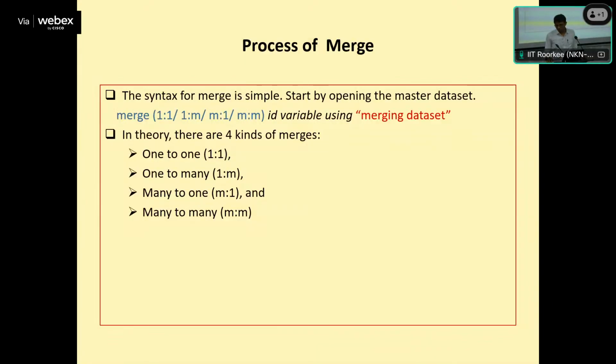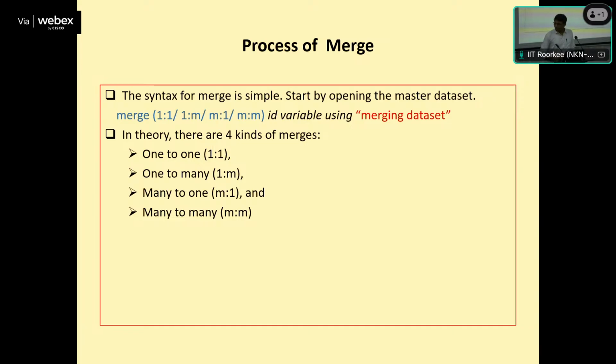So merge one-to-one. There are 4 different ways of merging: one-to-one, one-to-many, many-to-one, or many-to-many. The last one, many-to-many, we usually don't suggest to merge, because the master file is not carrying the common IDs of the second file correctly. There is just random matching or merging of different individuals or cases.